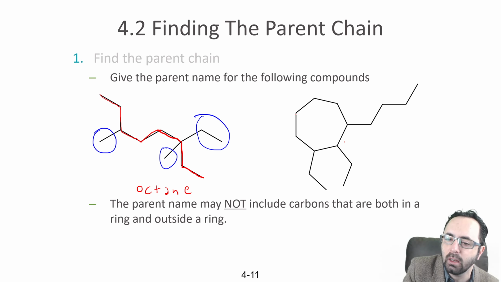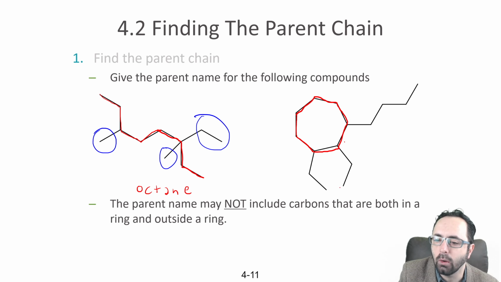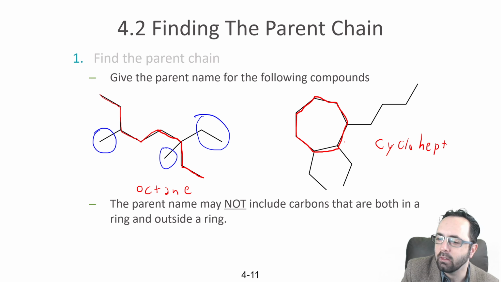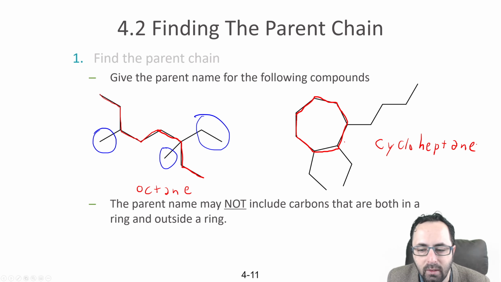So our parent chain in this case is actually going to be the ring itself. So since this has 1, 2, 3, 4, 5, 6, 7 carbons in it, this is going to be cyclo because it's a ring, and then hept because there's 7 carbons, and ane because there's only single bonds.